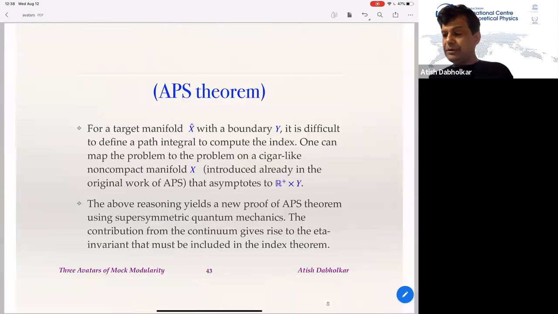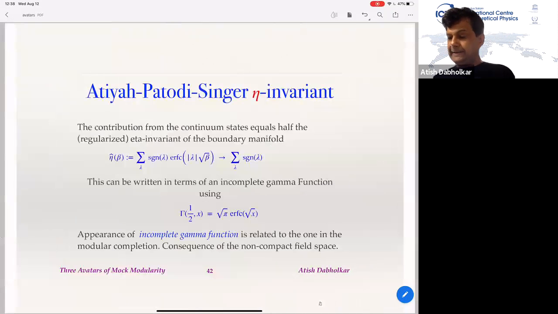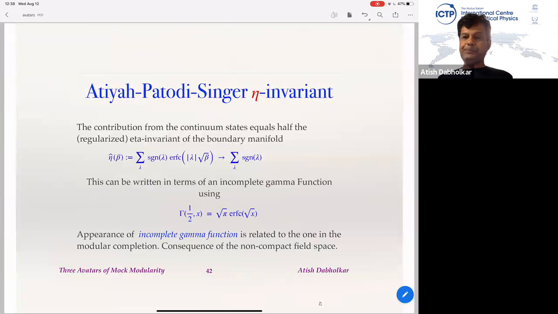I won't tell you about the APS theorem, but the main point, to summarize, is that mock modular forms appear in physics, both in the black hole context and in the topological context, where you're computing the Witten index or Atiyah-Singer index or Atiyah-Patodi-Singer index, where you can have some non-compactness in the problem.